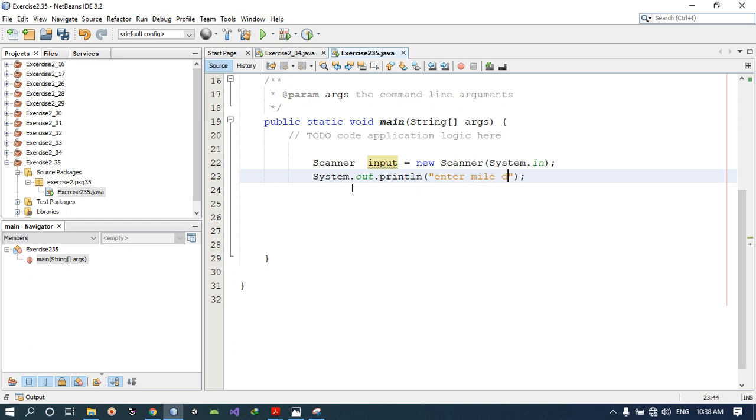Miles driven per day. Now let's take the input, and miles per day is equal to input.nextInt.